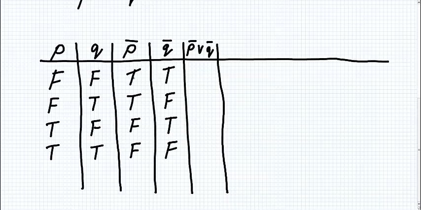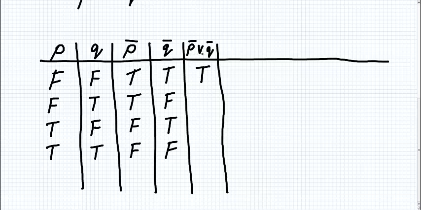So not P in this case is true, not Q is true, so not P or not Q is going to be true. In the second line then, we have not P is true, not Q is false. We form the disjunction of those two truth values.